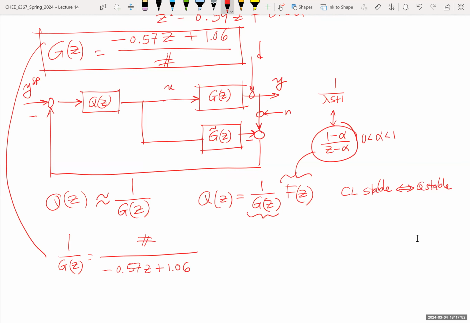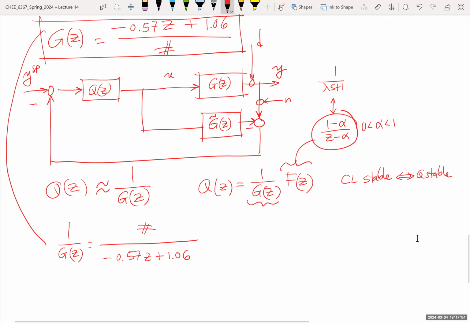Is it stable? Because the root of the denominator is what? The root of the denominator, the value of z that makes the denominator 0, is 1.06 over 0.57, right? That's about 2, right?